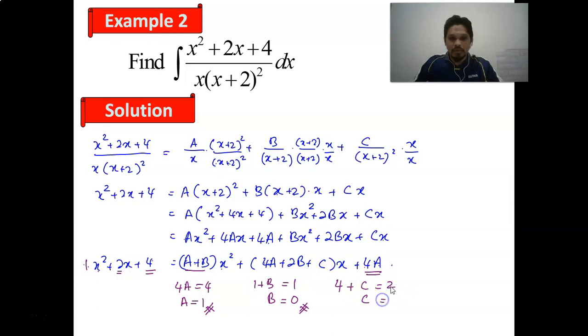So c equals 2 minus 4 equals negative 2.